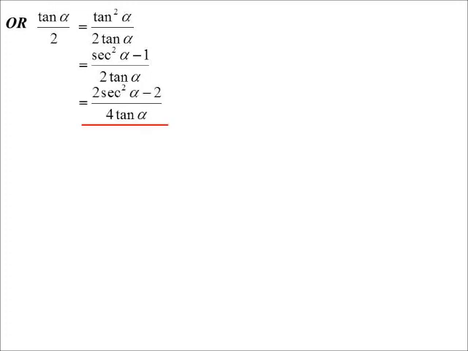So that's what gave me the idea in this one: I've got to get tan alpha on the bottom of the fraction. So that's why I said, well, okay, let's multiply top and bottom by tan. It gets the tan alpha on the bottom that I want, and it turns the top into tan squared, so now I can use a trig identity. Tan squared would be sec squared minus 1, and if I multiply top and bottom by 2, I get the result.